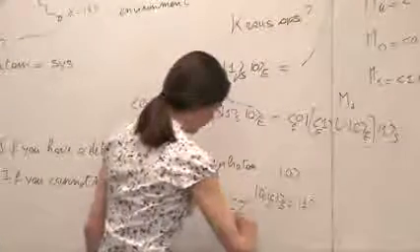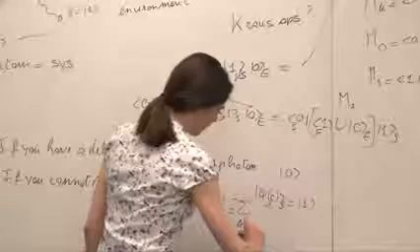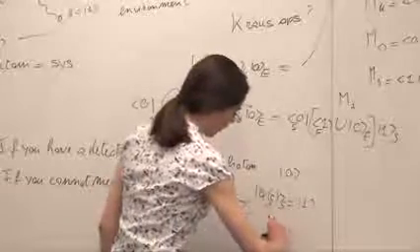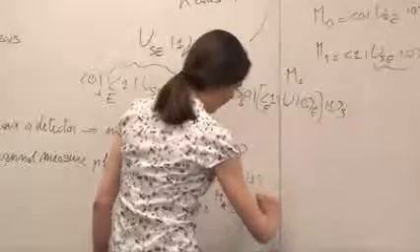So it will be the sum over k equal 0 or 1 of M_k rho_S at 0 M_k dagger.